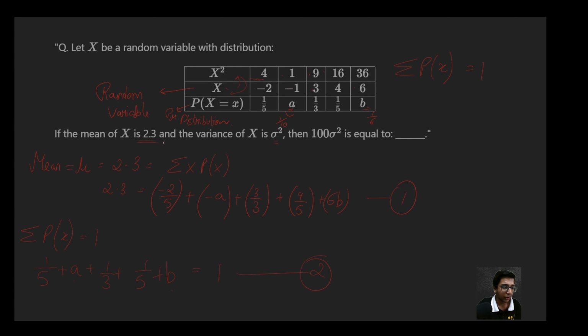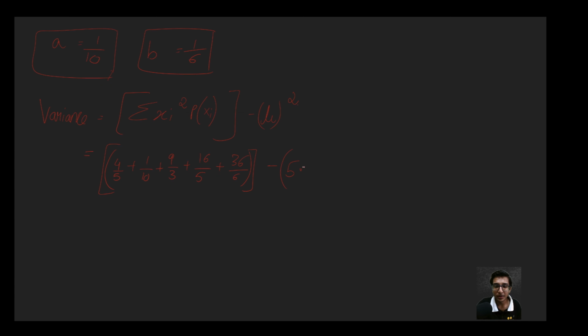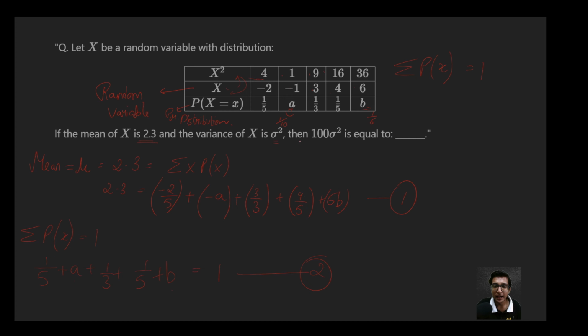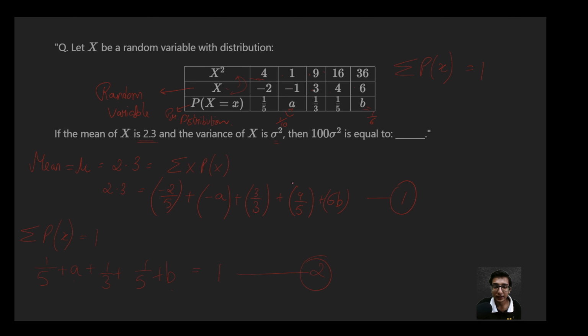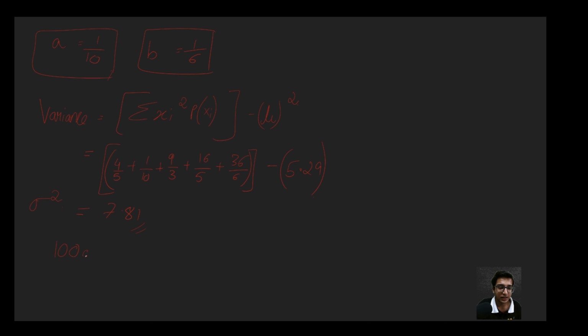Mu is our 2.3, whose square becomes 5.29. So upon solving this entire equation, what are you going to get? 7.81 as your answer. Now in the question they had asked us, the variance is sigma square. This is our variance. And we have to find out the value of 100 sigma square. So 100 sigma square becomes nothing but 781. So this is our answer.